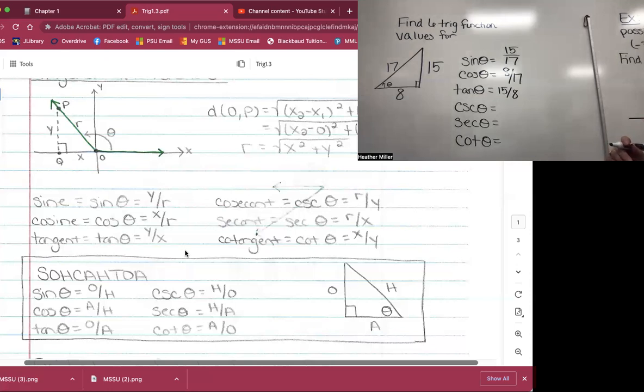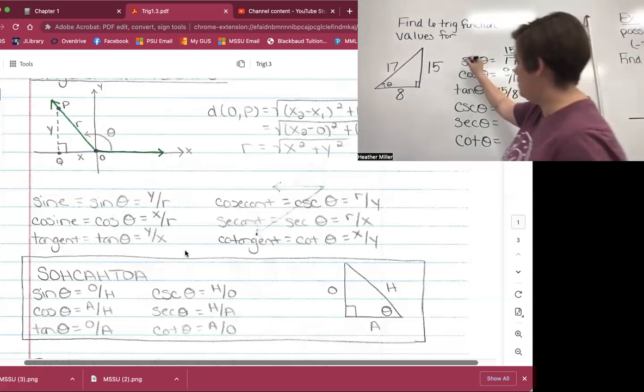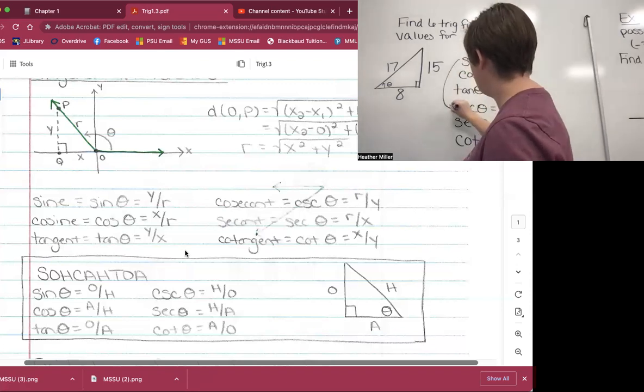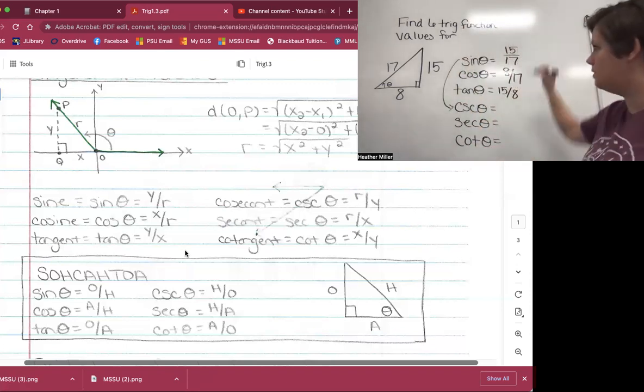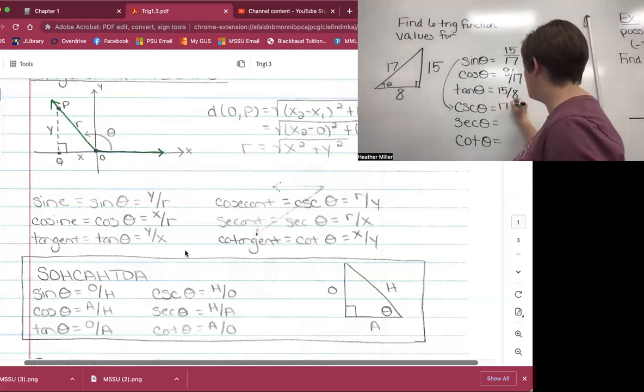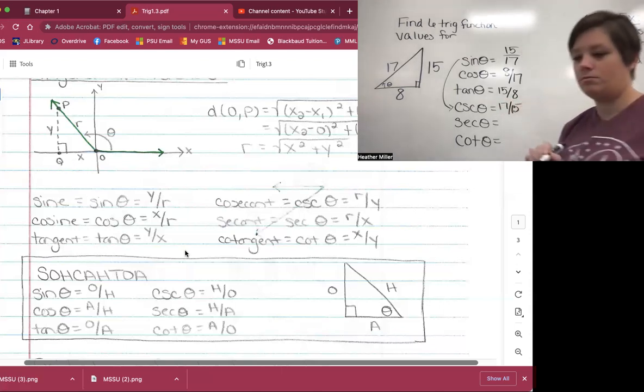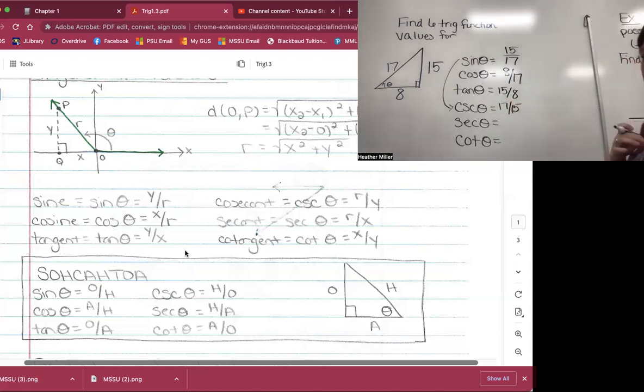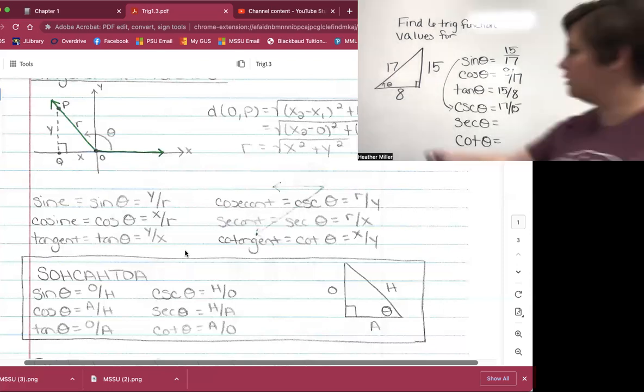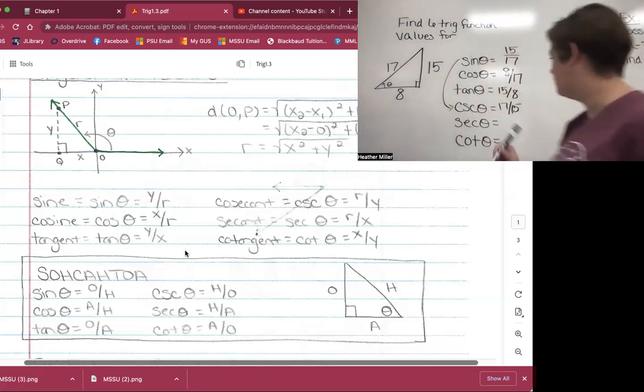Now, the nice thing is that each of these has an inverse. So sine is the inverse of cosecant. So for cosecant, we just flip it. It's 17 over 15. If you look back at the original, the cosecant is the r over the y, which is what we have.